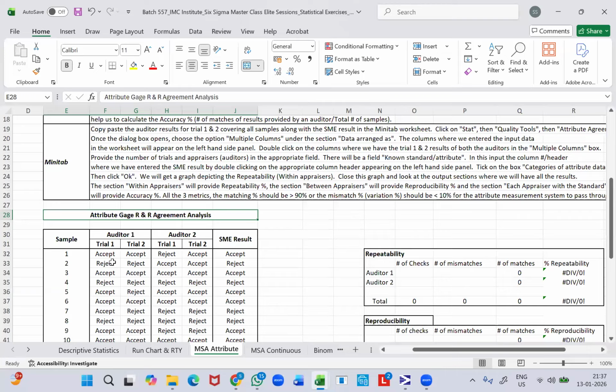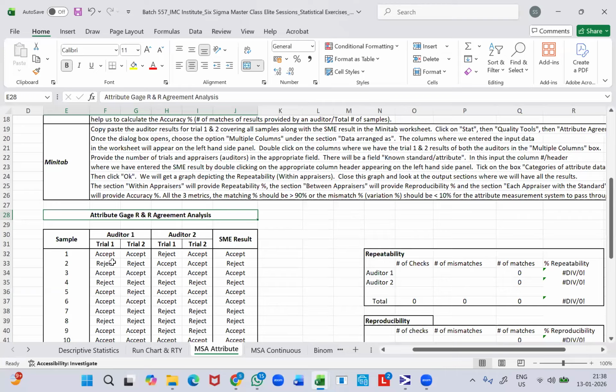So we can have any number of samples, we can have any number of auditors or quality inspectors involved in the exercise. We can also have any number of trials performed by each and every auditor. But whatever I'm quoting, these are the minimum numbers that we need to consider for performing this exercise. So we need to have a minimum of 30 sample units with a proper mix of both defective and non-defective samples.